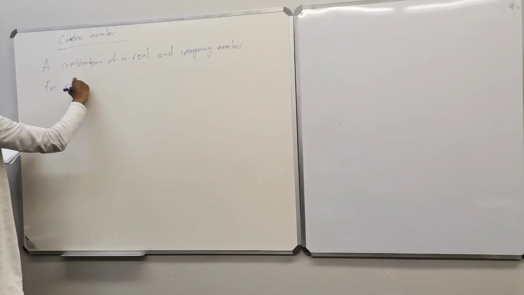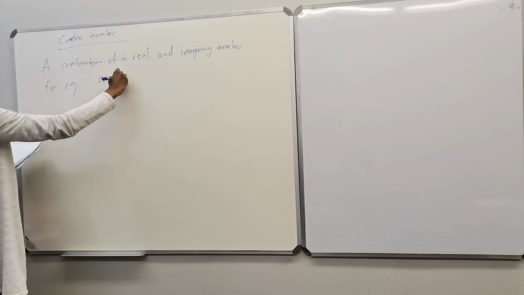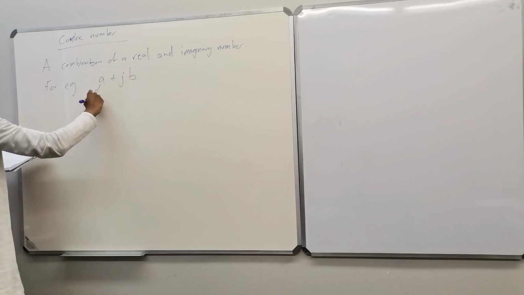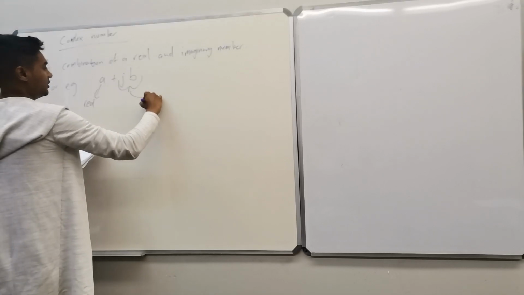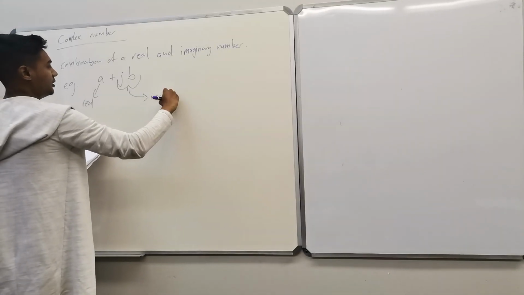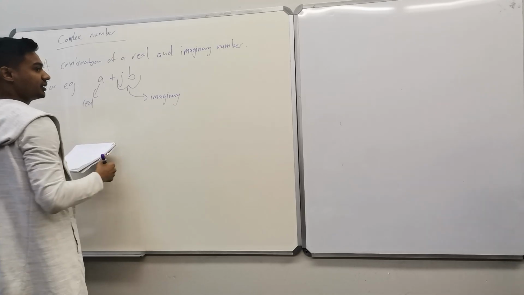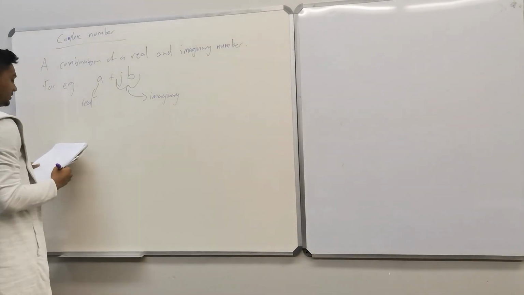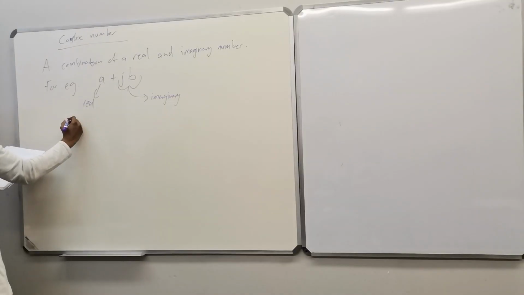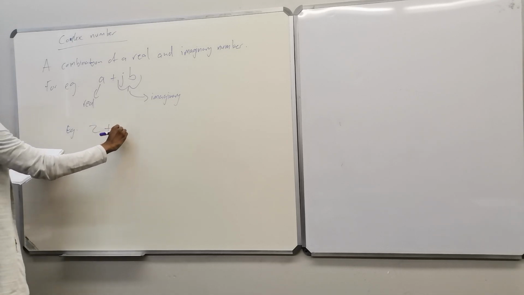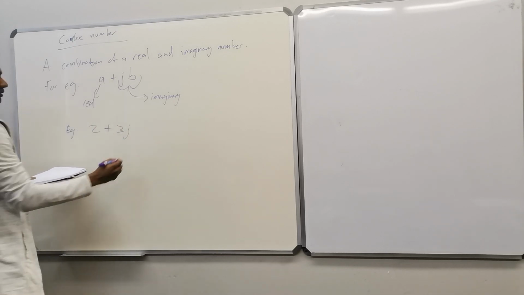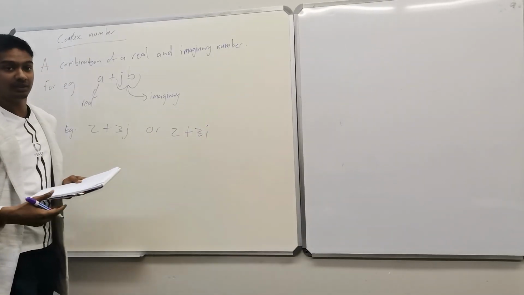For example, this is our real, and this is our imaginary element. Another example can be 2 plus 3j or 2 plus 3i.